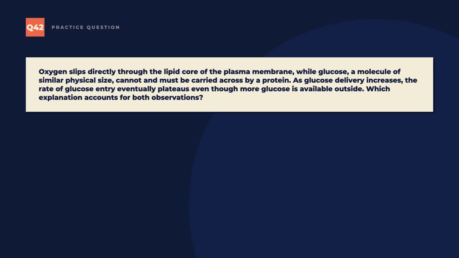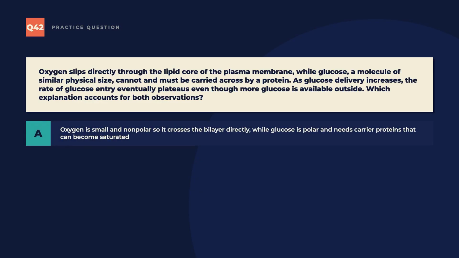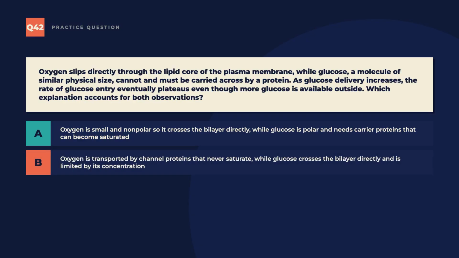Your options are A. Oxygen is small and nonpolar, so it crosses the bilayer directly, while glucose is polar and needs carrier proteins that can become saturated. B. Oxygen is transported by channel proteins that never saturate, while glucose crosses the bilayer directly and is limited by its concentration.